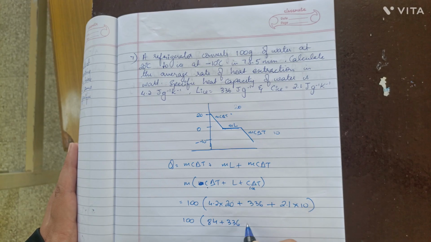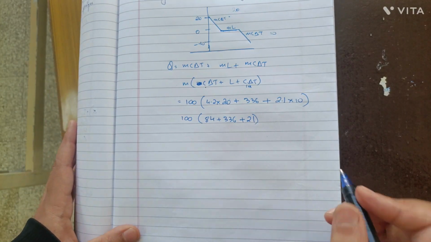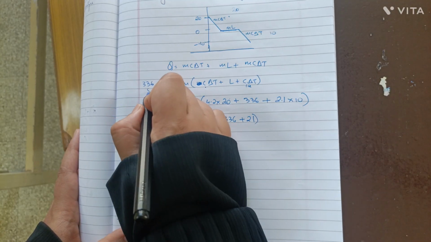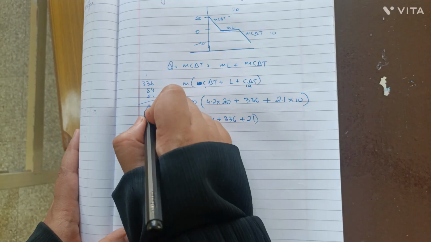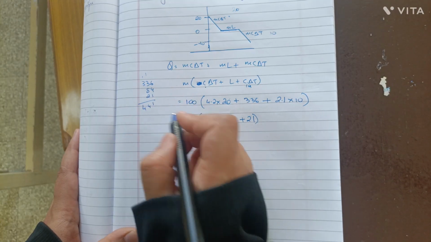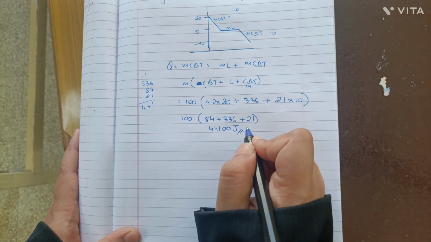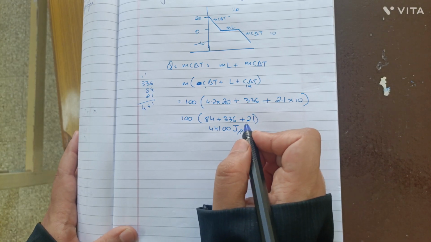The 0 point goes, so this is 84 plus 336 plus 21. Add all these numbers and multiply by 100. On adding them, I get 44120 joules as the heat energy.